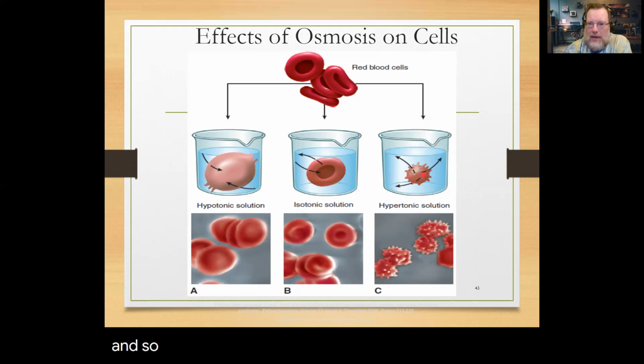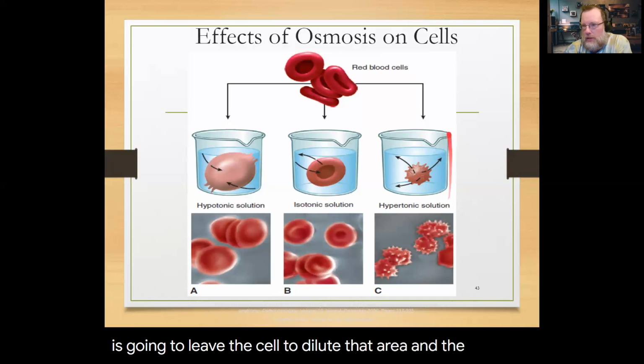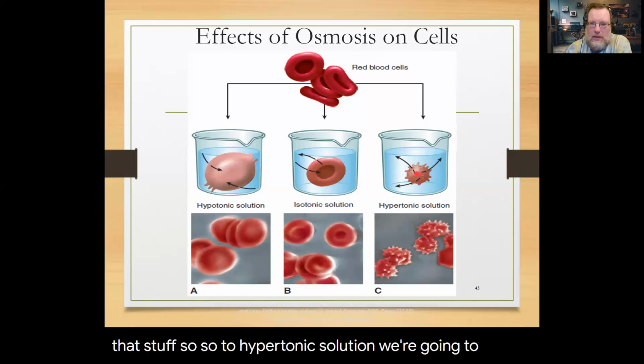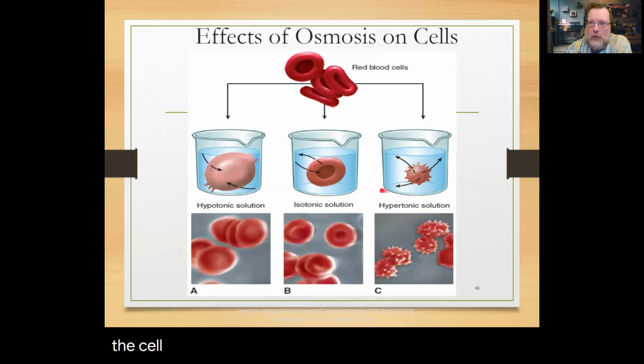And so what's going to happen is the water inside of the cell is going to leave the cell to dilute that area in the extracellular space where we find all of that solute. So in a hypertonic solution, we're going to see the cell shrink, or what we call crenate.